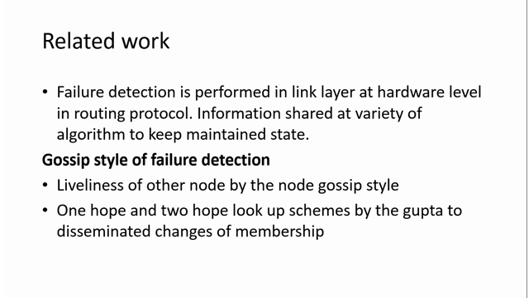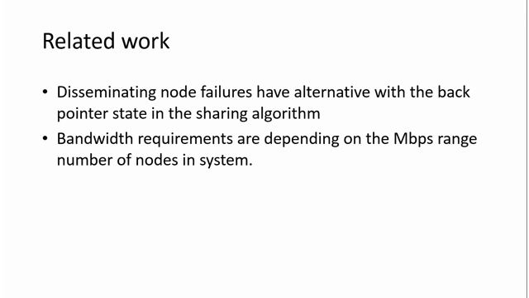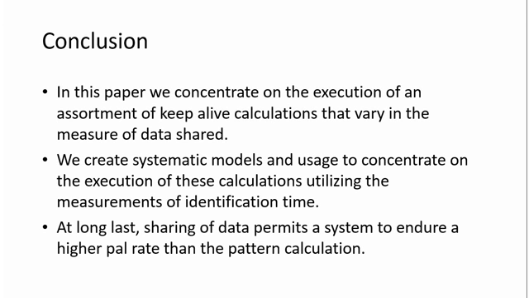One hop and two hop lookup schemes by Gupta disseminate changes of membership. Disseminating node failures has an alternative with the back pointer state in the sharing algorithm. Bandwidth requirements depend on the Mbps range and the number of nodes in the system.